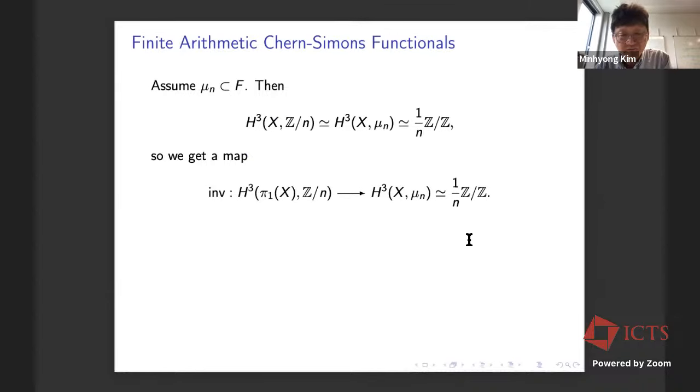If you consider H3 of pi 1 rather than H3 of X, then that will map to H3 of X, which is Z mod n. Now, in general, of course, H3 of X is more refined than H3 of pi 1. So for example, pi 1 might be trivial, but in any case, you have a map.